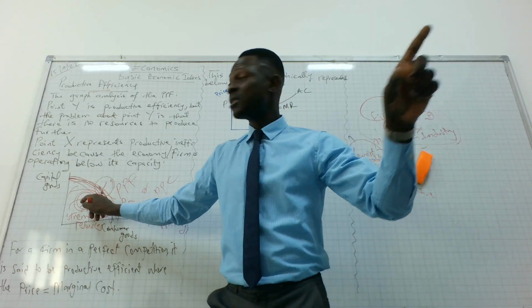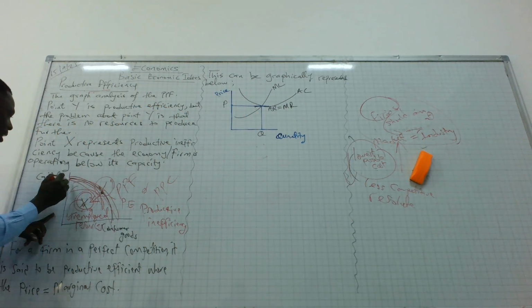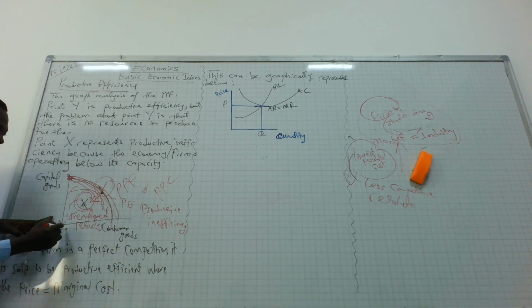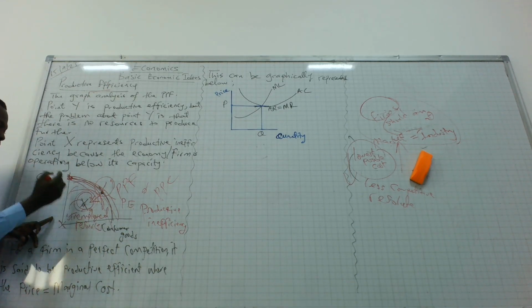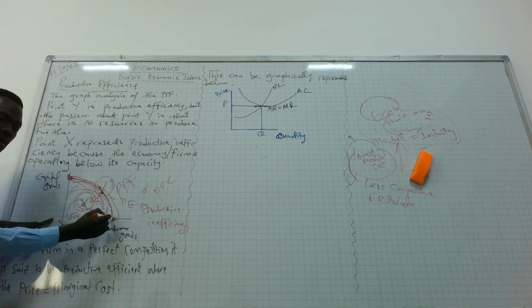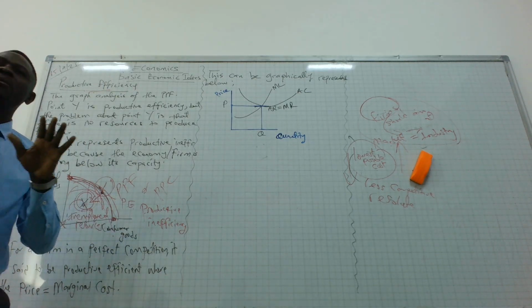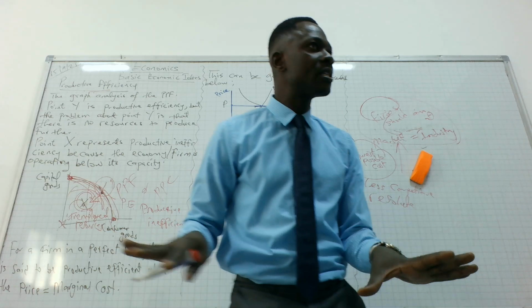So it simply means an economy that produces full capital goods with no consumer goods, or full consumer goods with no capital goods, or in between them. Producing in between them, producing capital goods, producing consumer goods, are considered as productive efficiency.